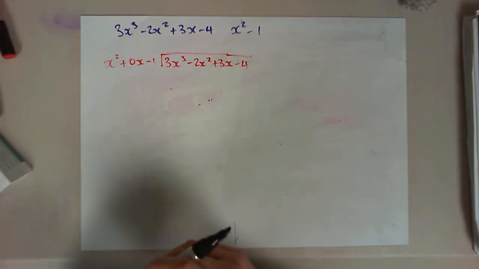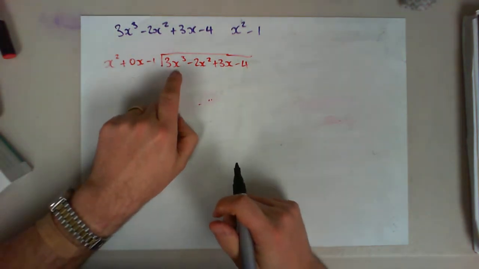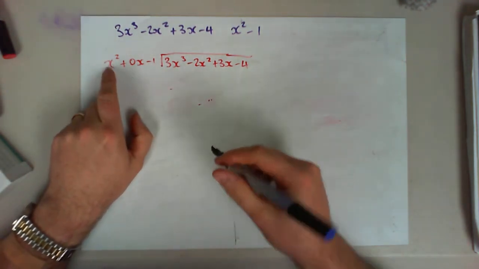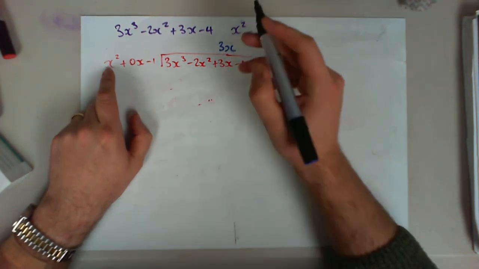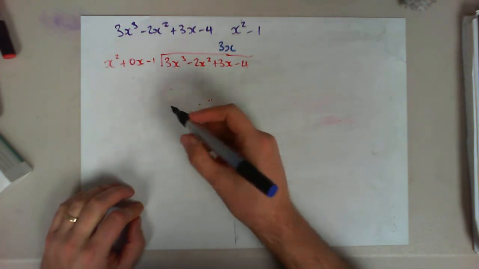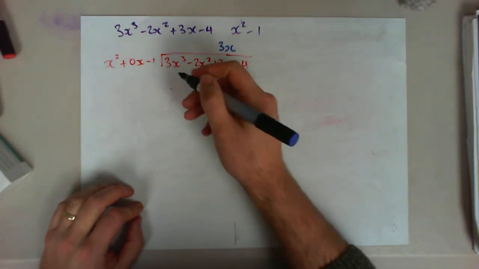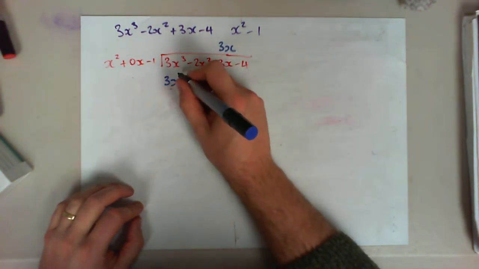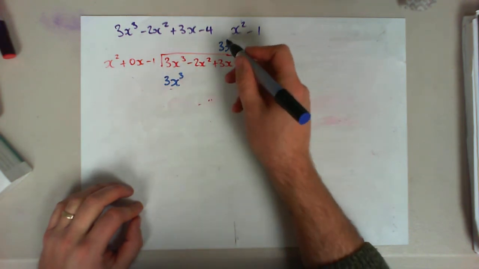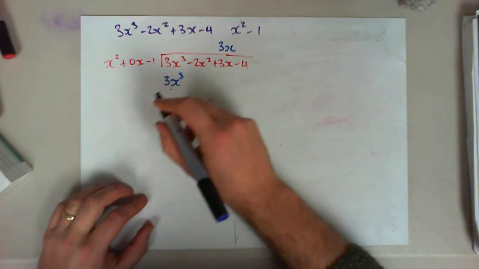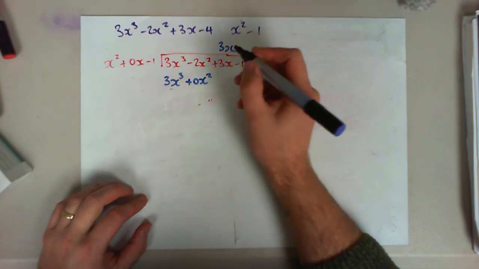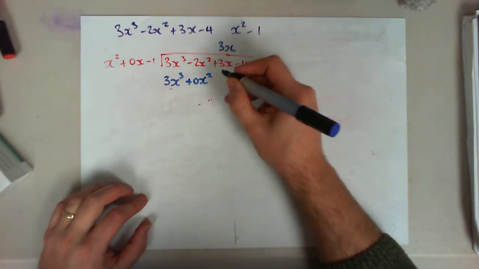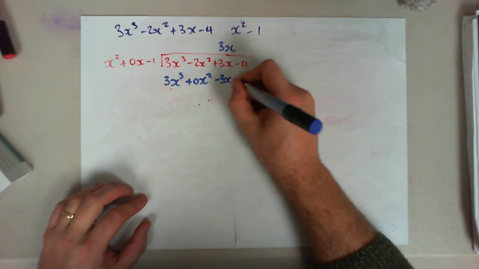Okay, so we say 3x cubed divided by x squared. That's going to leave us with 3x. Okay, multiply back through. 3x times x squared will give us 3x cubed. 3x times 0x will give us 0x squared. 3x times negative 1 will give us negative 3x.